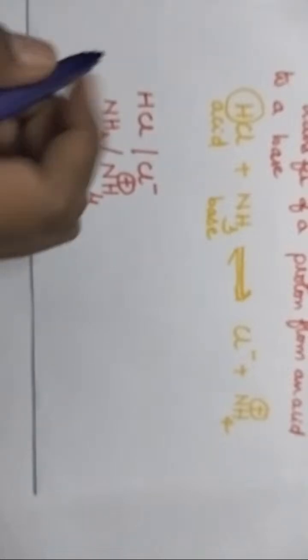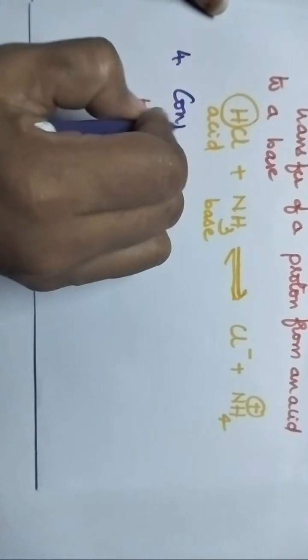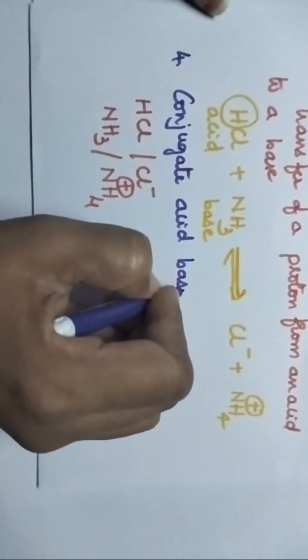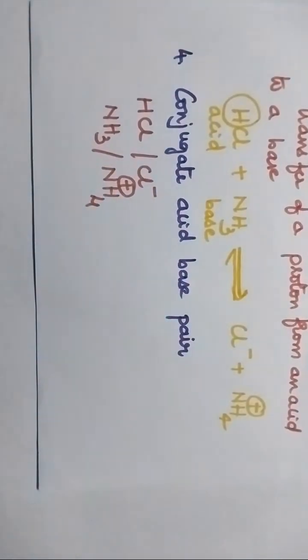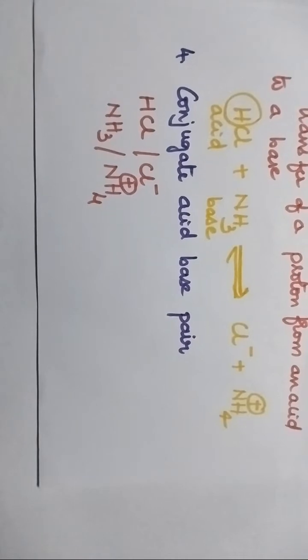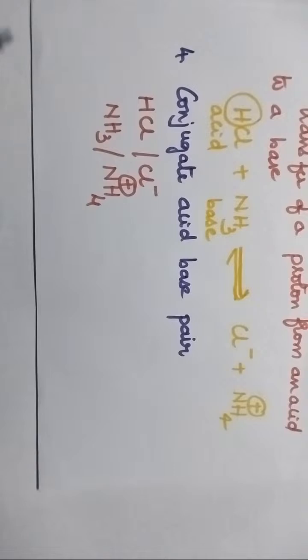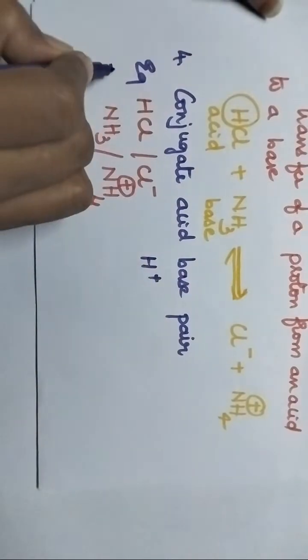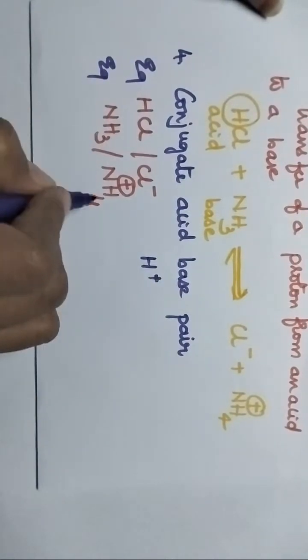Try to answer. So the only difference between HCl and Cl minus is a proton. Similarly, what is the difference between NH3 and NH4 plus?